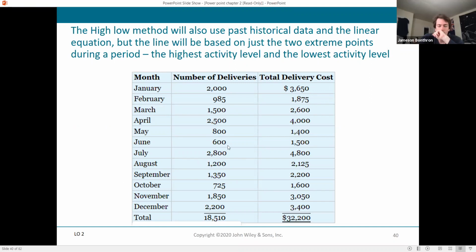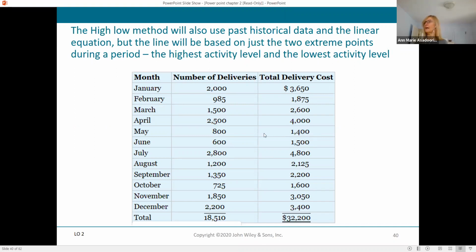June, right. So remember, you're looking for the high activity and the low activity. And then you're using the cost at that high activity and the cost at that low activity, right? So in order to choose the points, and this is important, you're not looking for the high cost and the low cost. You're looking for the high volume and the low volume.